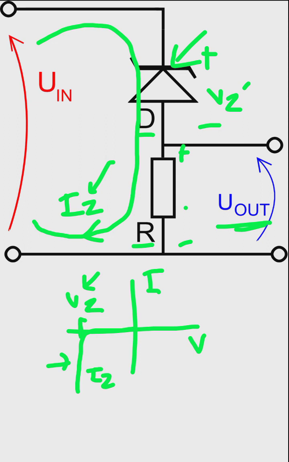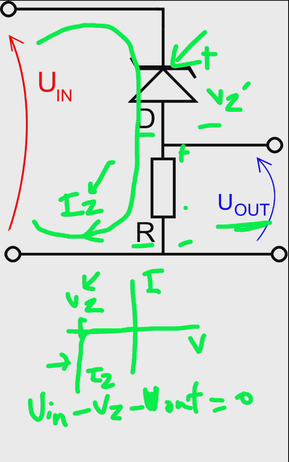However, at the input side, you can write Kirchhoff's voltage law, which helps us sum all voltage drops in a closed loop: U in minus VZ minus IZ times R, which is V out, because V out is IZ times R, is equal to 0.